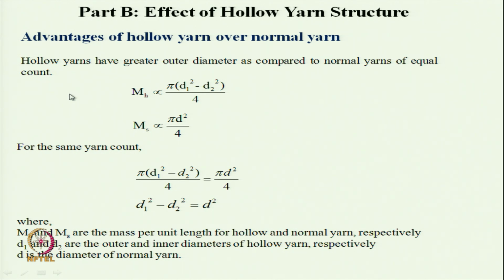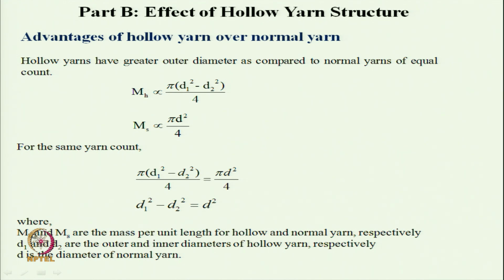So, hollow yarn will have higher outer diameter. So, d1 is the outer diameter of the hollow yarn, and d2 is the inner diameter. Mass per unit length is proportional to the cross sectional area, and here this is the cross sectional area of the normal yarn. So, effectively d1 square minus d2 square equal to d square. So, d1 square is always higher than d square.